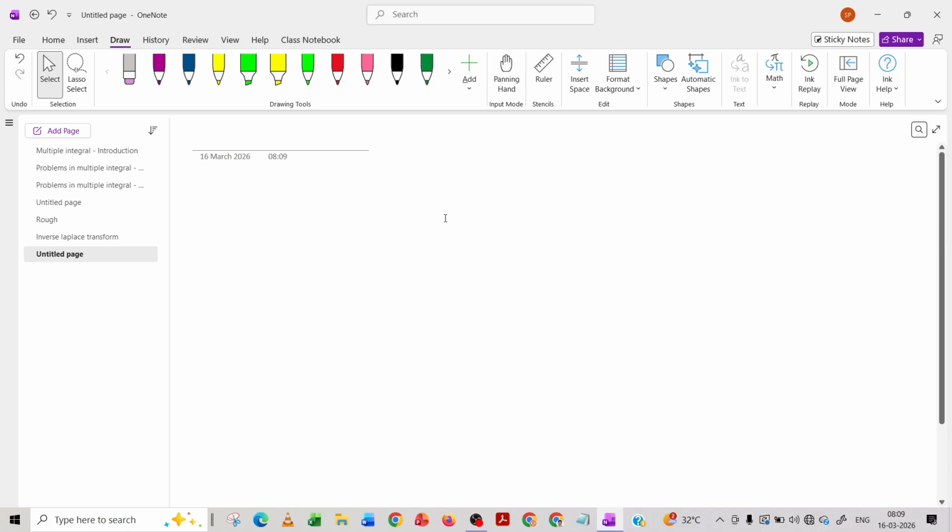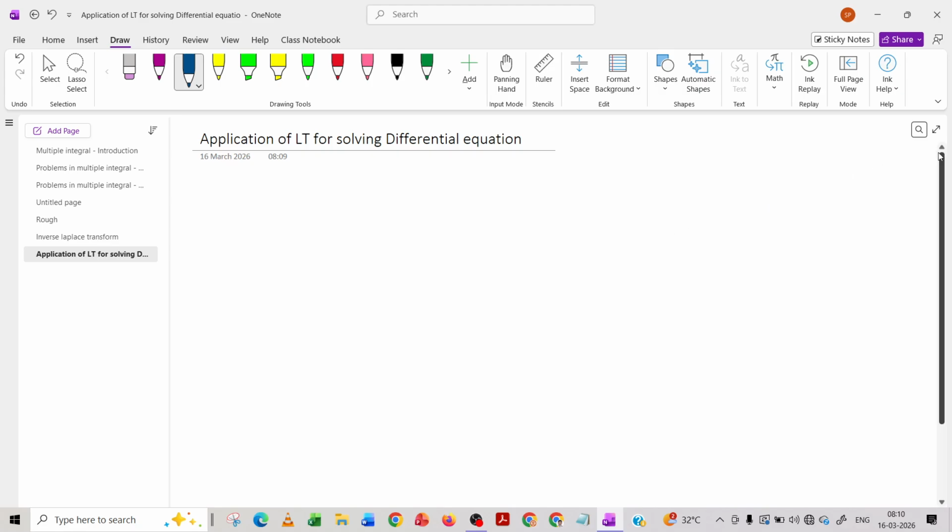Okay, in the class we are going to discuss application of Laplace transform for solving differential equation. What is the heading here?